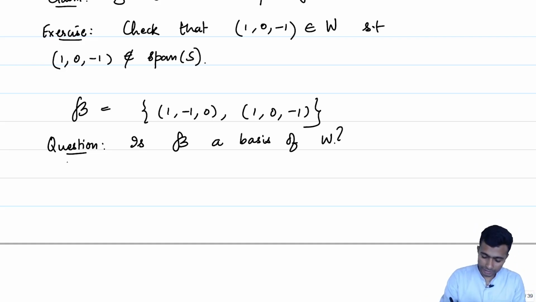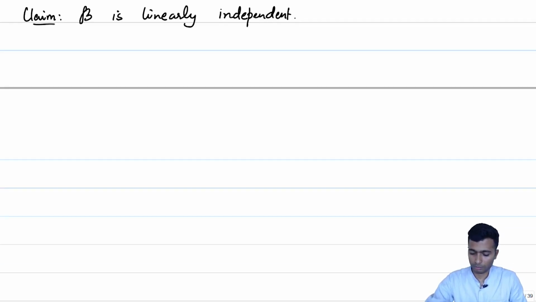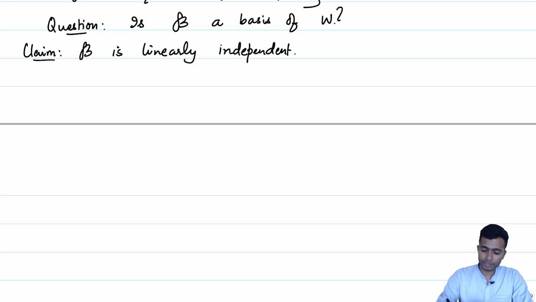Claim: B is linearly independent. This is the easier claim actually; to show that it is a basis you have to check both. Let us first check that it is linearly independent.